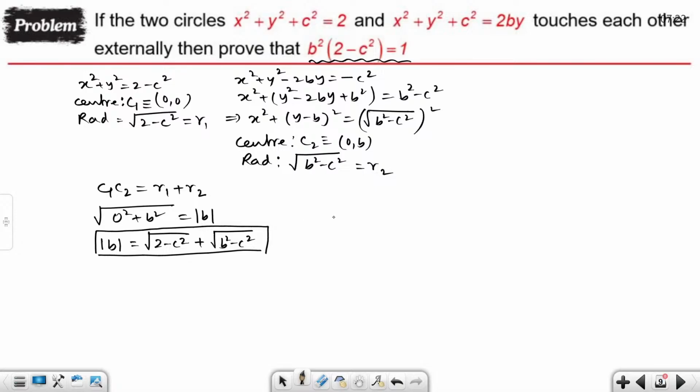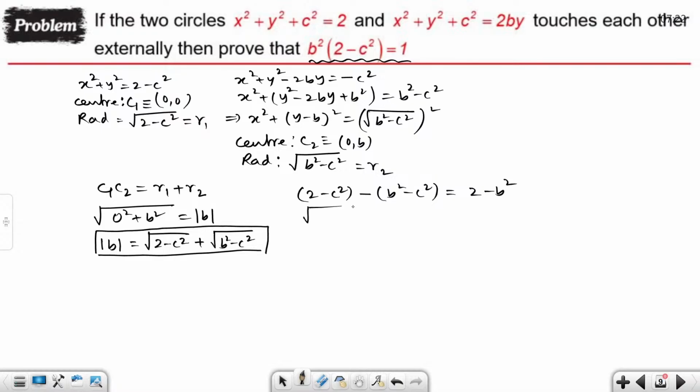Otherwise, I can do it in a somewhat different way. Simply by observation we can see that 2 minus c square minus b square minus c square, if you open the bracket, is equal to 2 minus b square. Am I correct?